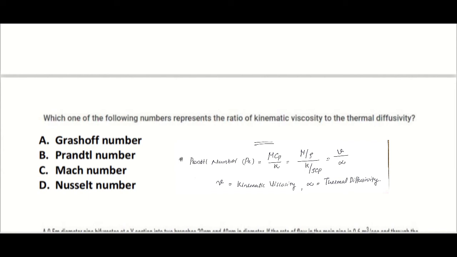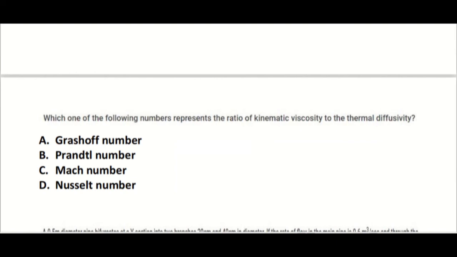Prandtl number is mu Cp by K, where mu is the dynamic viscosity, Cp is the heat capacity at constant pressure, and K is the thermal conductivity of the material.